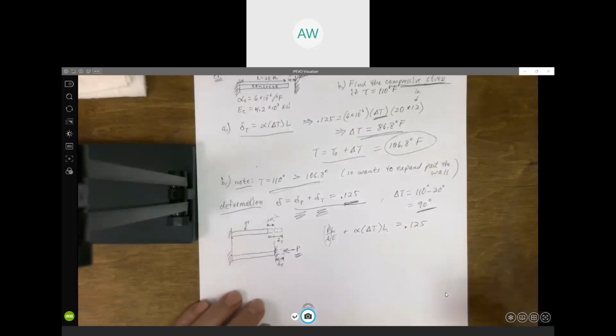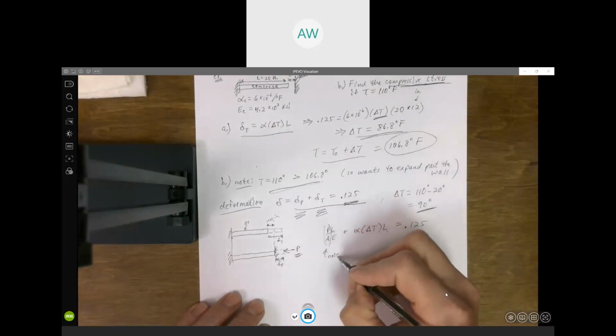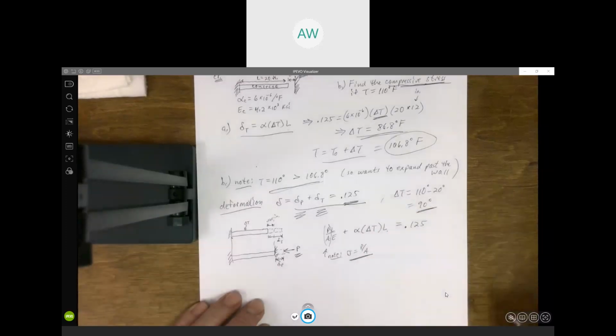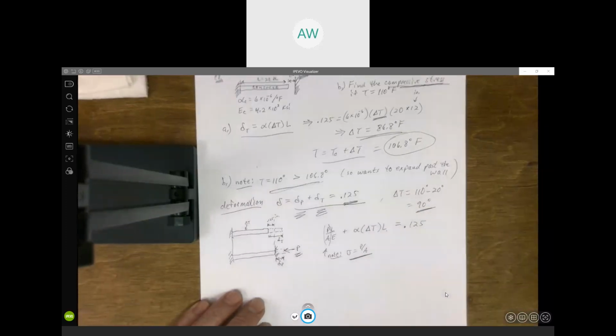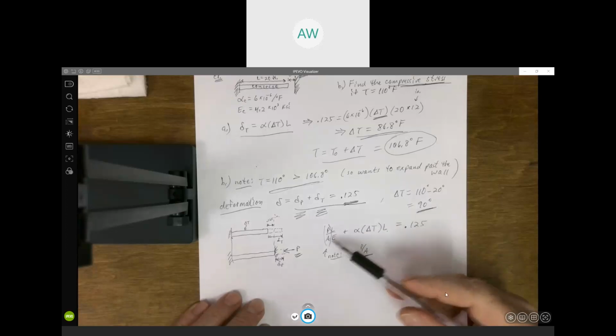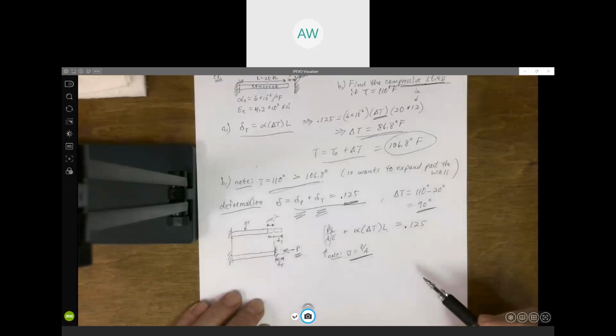Well, the stress is P over A. So just make note here that sigma is P over A. If we were given that area, we could solve for P and get the stress that way, but we're not given area, so we can't find the axial force P, but we can find the stress.